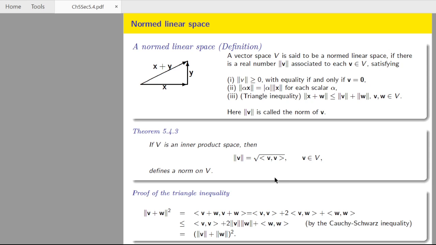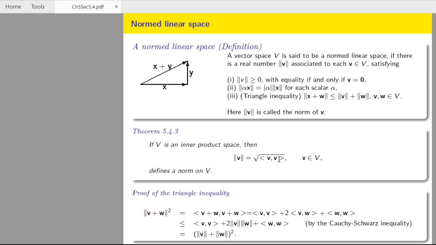Here is a proof. To prove this, we can say the first property is true because, based on this definition, the square root of the inner product of v and itself is non-negative for sure. And this inner product equals 0 if and only if v is 0. So the first property for the norm is satisfied.